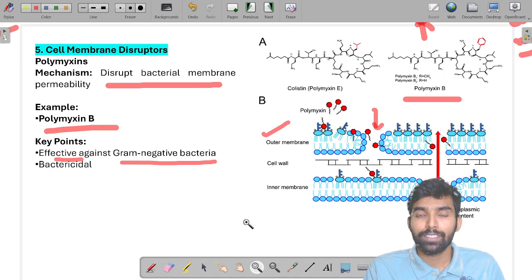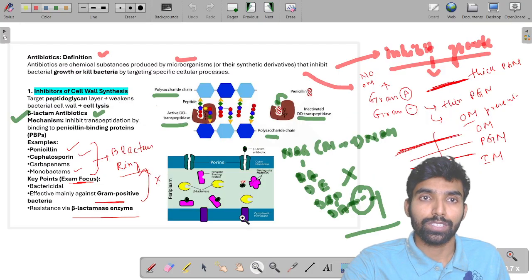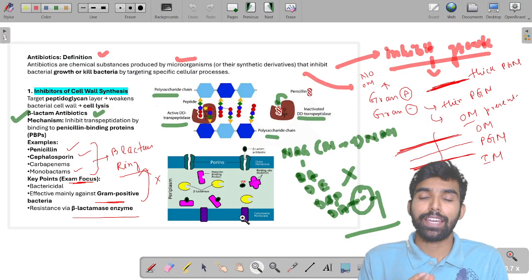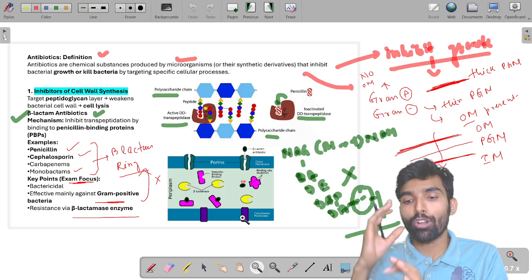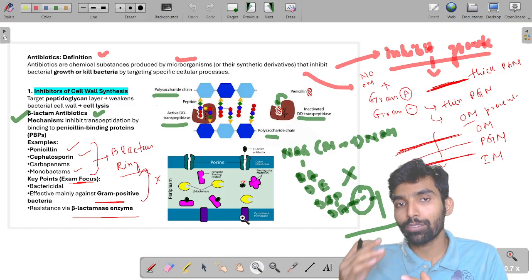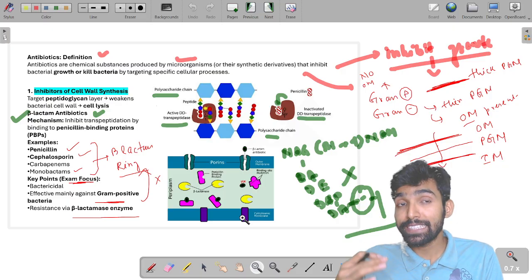Okay, so if I want to revise once with you, first one we have is cell wall synthesis inhibition. The best example is penicillin. Penicillin blocks the transpeptidase activity. The transpeptidase activity is required for synthesis of the cell wall, right? But the bacteria is clever enough.